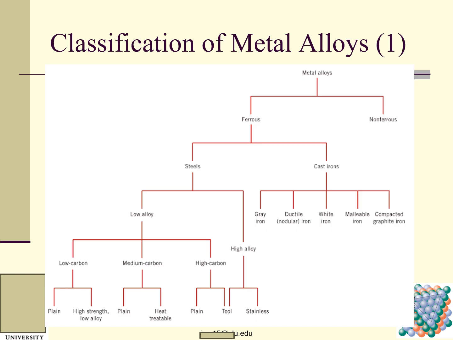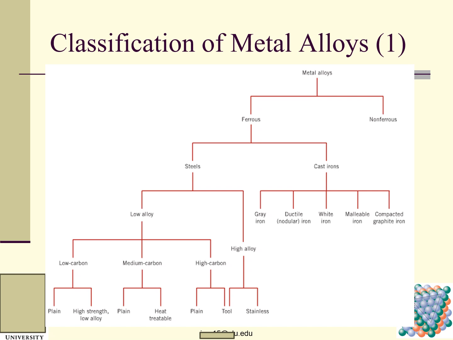So here is a classification of metal alloys. You can see the metal alloys are the root, and for the first level, we distinguish these metal alloys into two categories. One is ferrous, one is non-ferrous. Why do we focus on ferrous? Because ferrous materials have been commonly used in modern engineering applications.